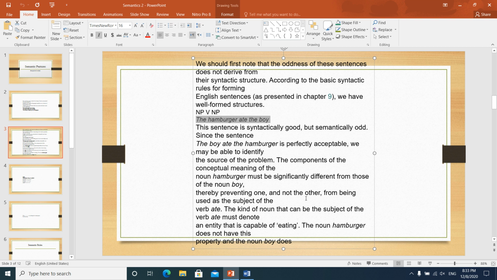But actually, we as native speakers cannot do so, because simply speaking, the verb ate, or eat in present simple, should have a subject which is human or animate. Human beings, animals can eat. A hamburger cannot eat. And what is eaten is not boy, not human, not animate.